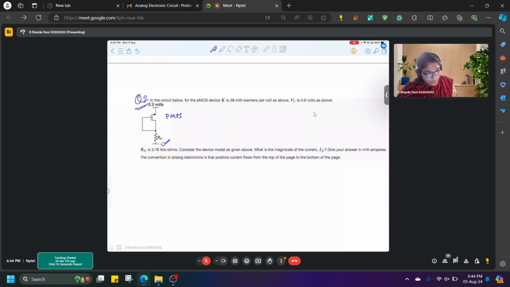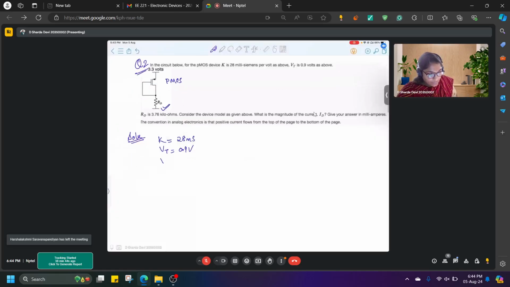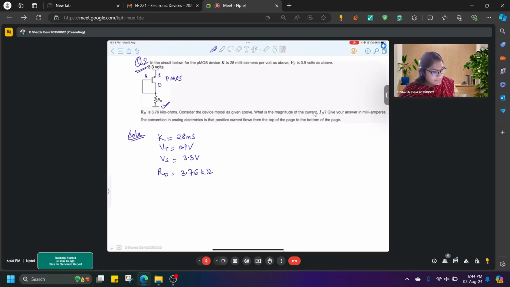K is 28 millisiemens, VT is 0.9 volt, this is source, drain, gate, and VS is 3.3 volt, RD is 3.76 kilo ohm. Considering the device model given above, what is the magnitude of current ID? This ID means capital ID.